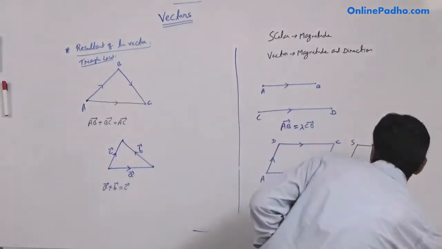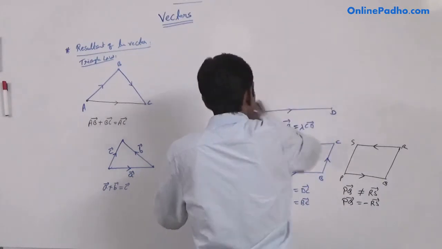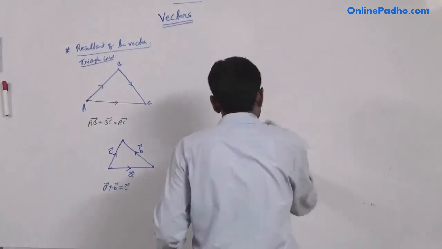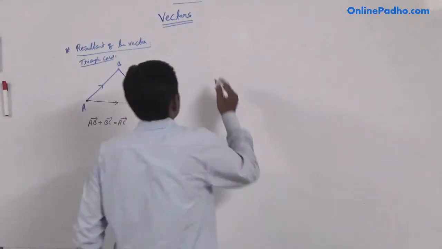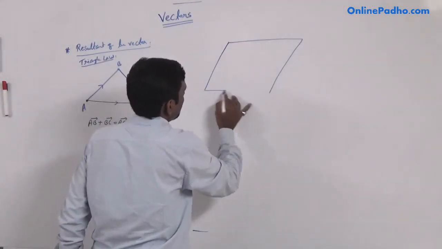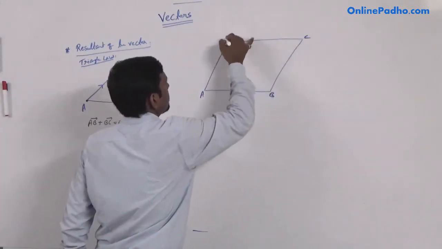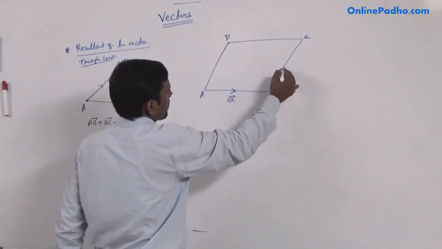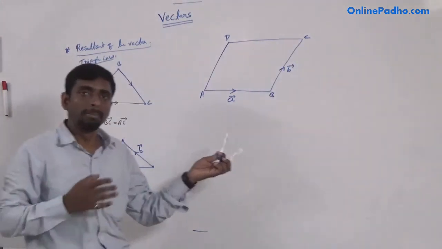Now, let us see if I have a question in a parallelogram. This is a parallelogram, and in this parallelogram we considered two adjacent sides as A vector and B vector.